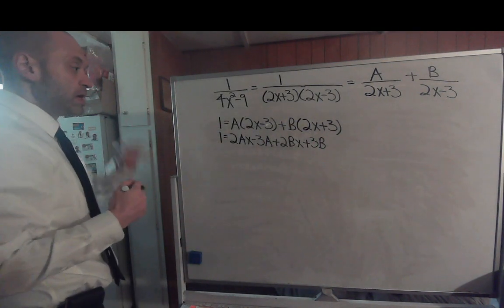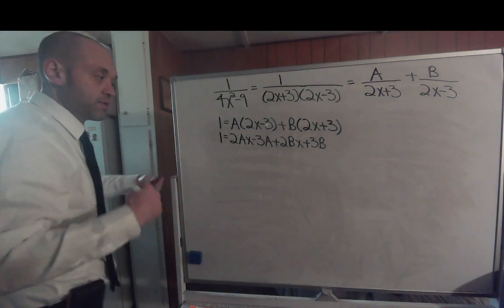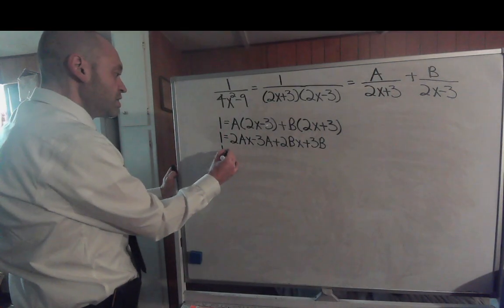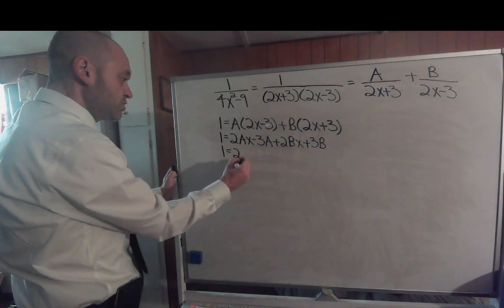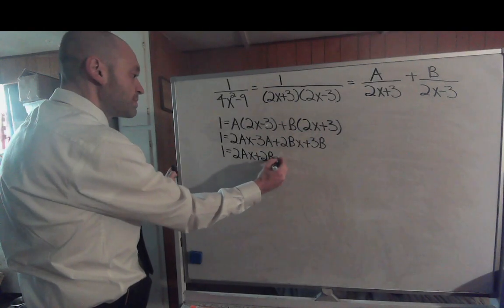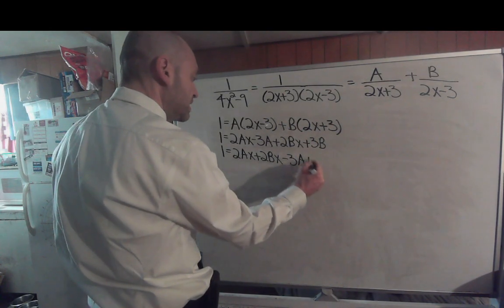Now, group your x terms together, and then group the terms without the x together. So 1 would equal 2ax plus 2bx, and then minus 3a plus 3b.